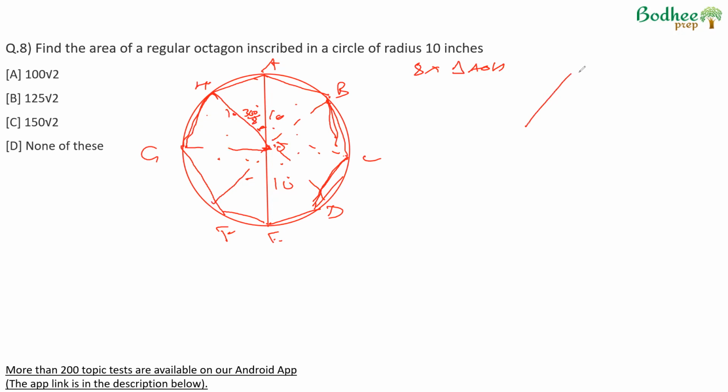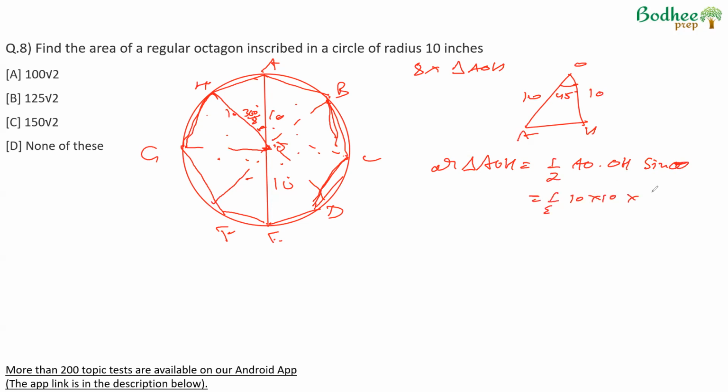And therefore, if we talk of triangle AOH, OA is 10, OH is 10, and this angle is 45 degrees. Therefore, we can say area of triangle AOH will be half AO into OH into sine O, half ab sine theta. Or half 10 into 10 into sine 45.